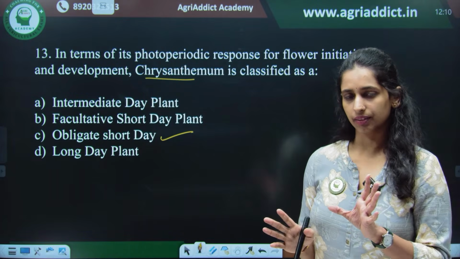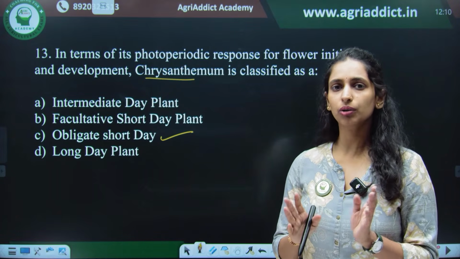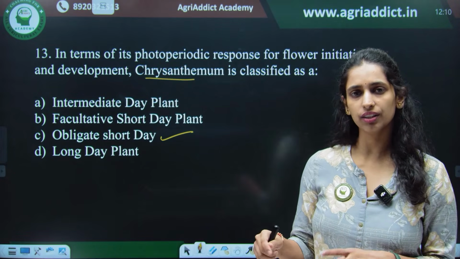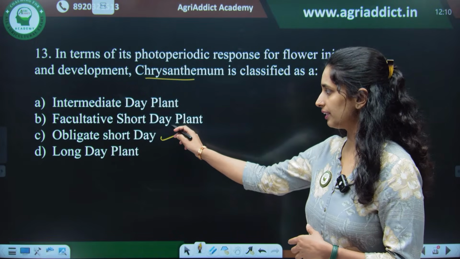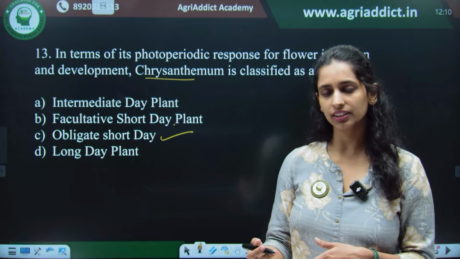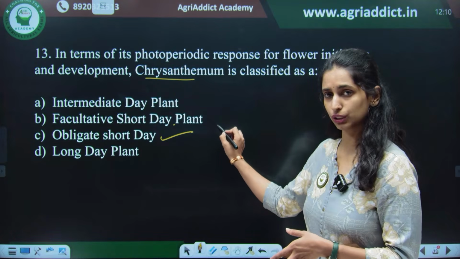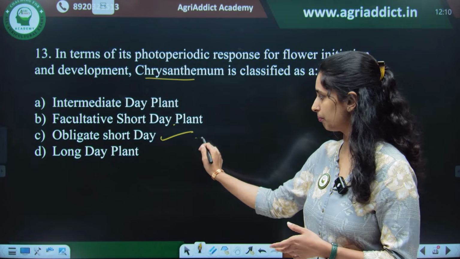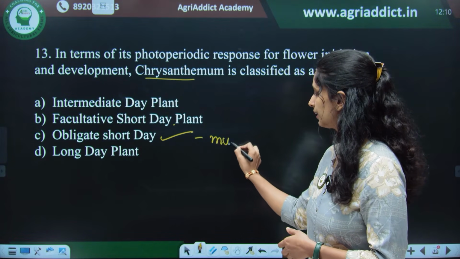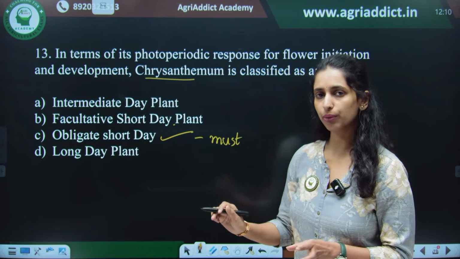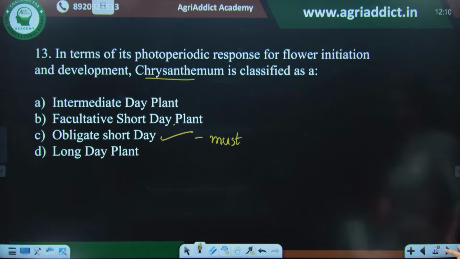इसमें क्या difference है? Obligate means compulsorily you have to give the short day condition for the blooming. लेकिन facultative मतलब if you give short day condition, the blooming will be early. It is not must and should, but obligate means must. You have to give the short day condition.